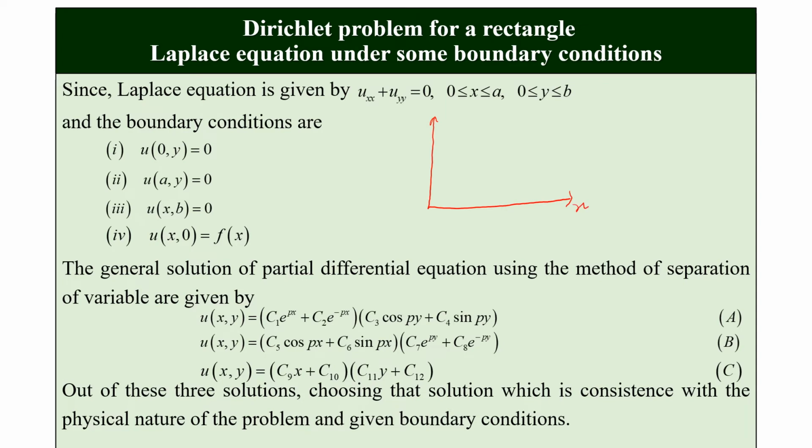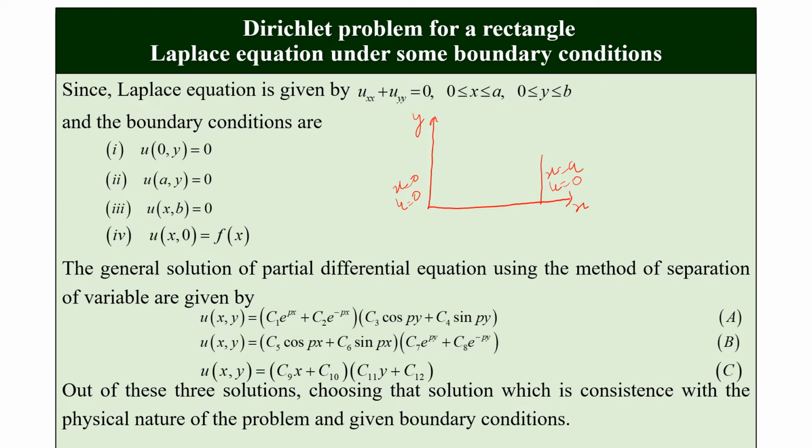Suppose this is the x-axis, this is the y-axis. Here we have x equal to 0, so the value of u is equal to 0. This is our first boundary condition. In the second case, when x is equal to a, u is again equal to 0. This is our second boundary condition.